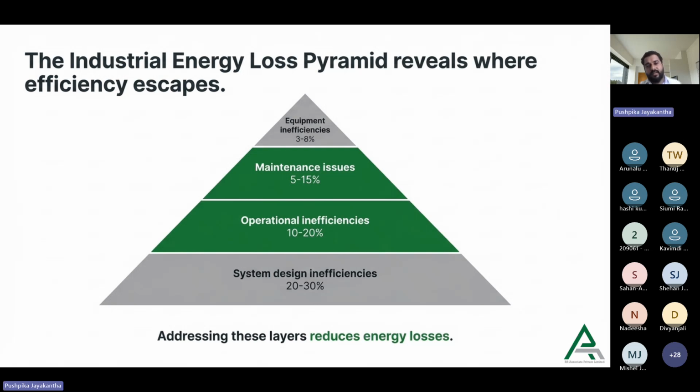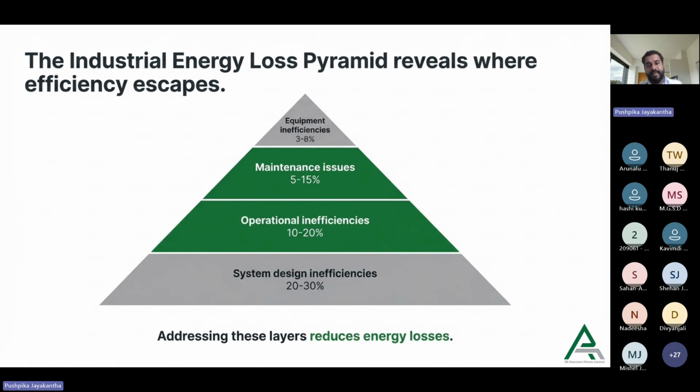The pyramid structure shows that the largest energy losses typically occur at the system design and operational levels, while equipment inefficiencies usually represent a smaller portion of total losses.